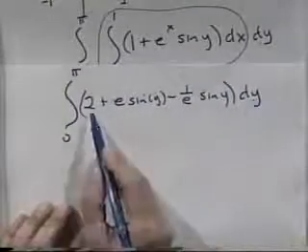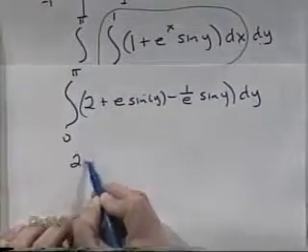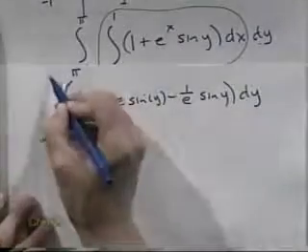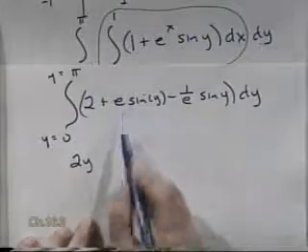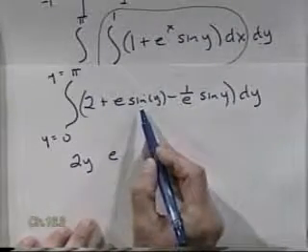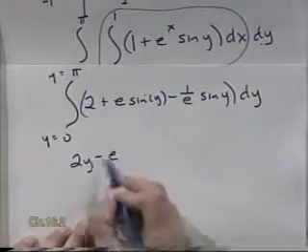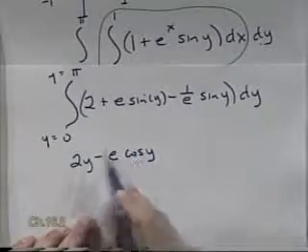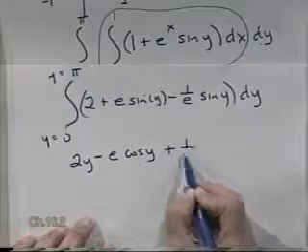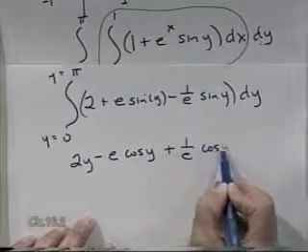Now, integrating with respect to y, the integral of 2 is 2y. And notice this is y going from 0 to pi. E is a constant, and the integral of sine y is minus cosine y. Right? Because the derivative of cosine is minus sine. So this will be plus 1 over e cosine y.